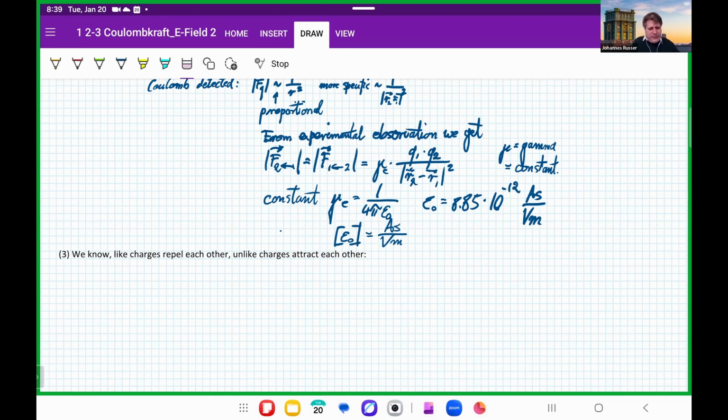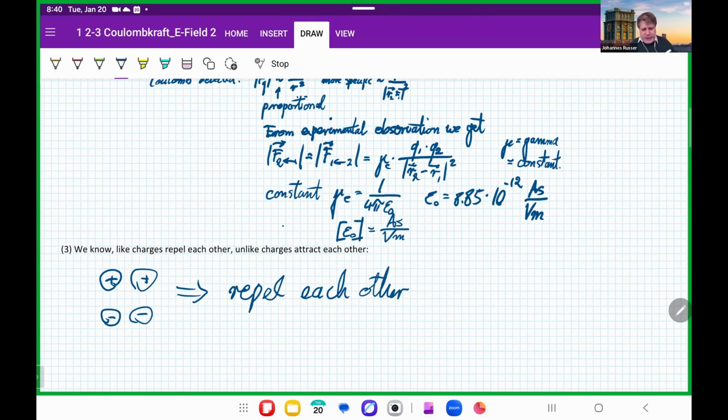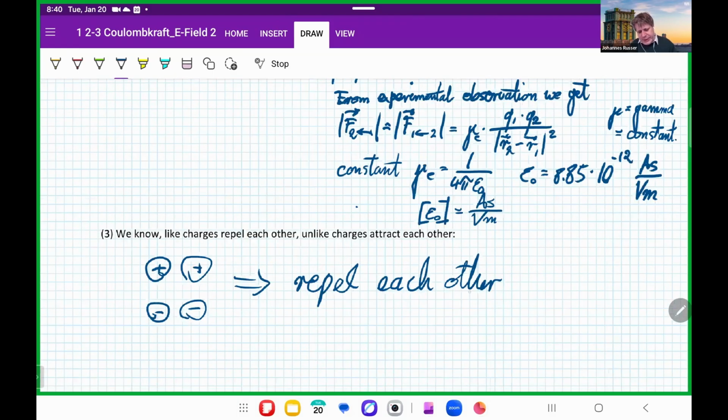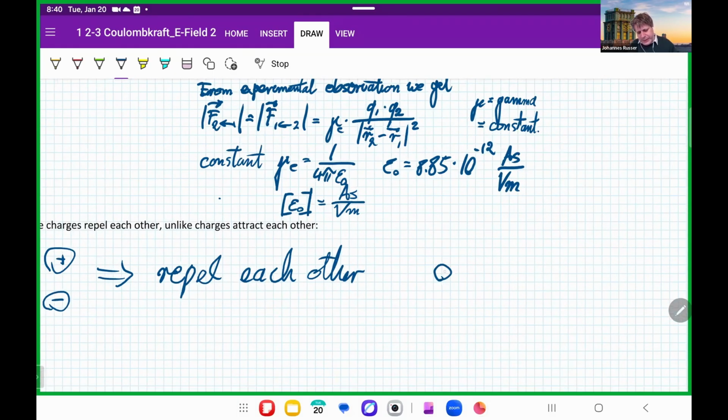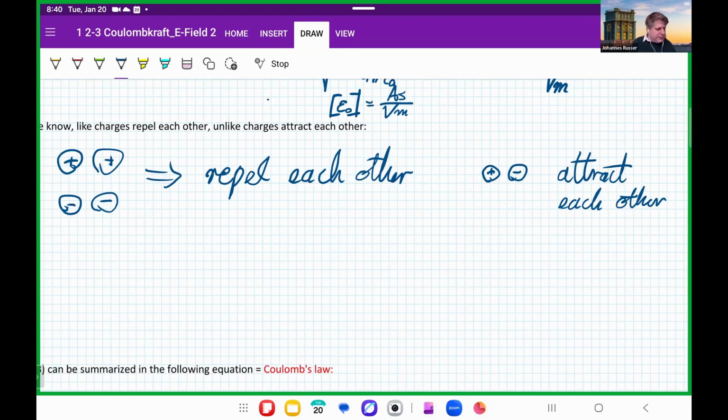So if you have plus charges, they repel each other. Also, if you have minus charges, they repel each other. So not to confuse, minus and minus repel each other, plus and plus repel each other. On the other hand, if you have charges of opposing sign, like a plus and a minus, they attract each other.